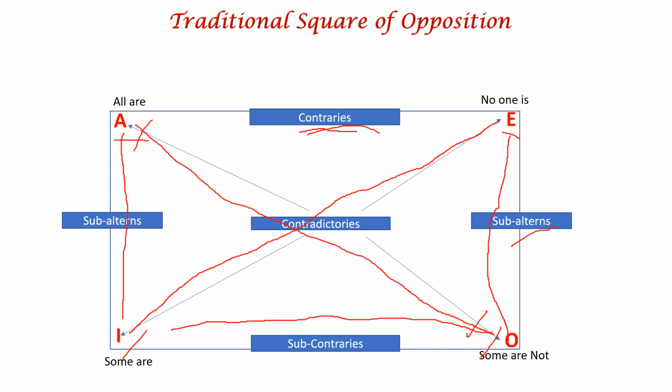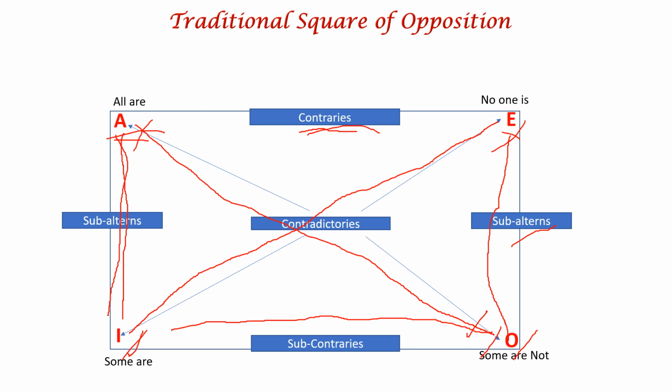And this relationship is similar to implication we studied under immediate inference. So the subaltern relationship is between A and I. If A is true, then I is also true. Why? Because the truth flows down. If A is true, I is also true. If E is true, O is also true.